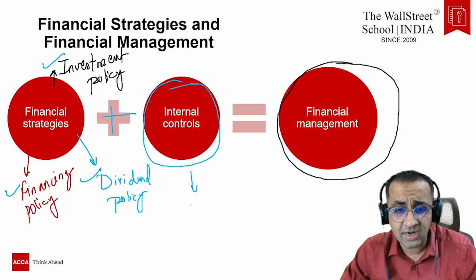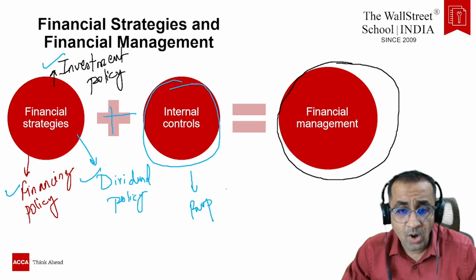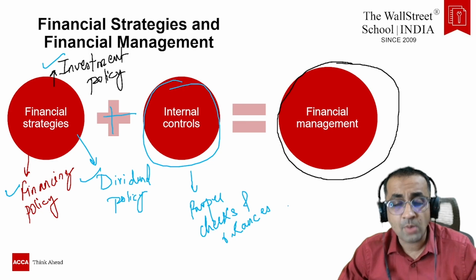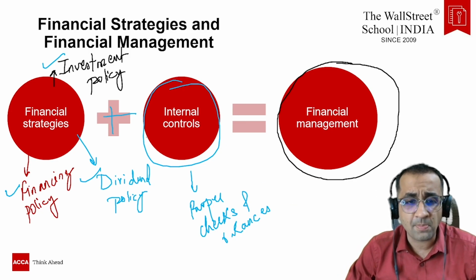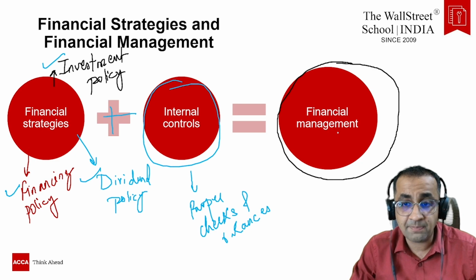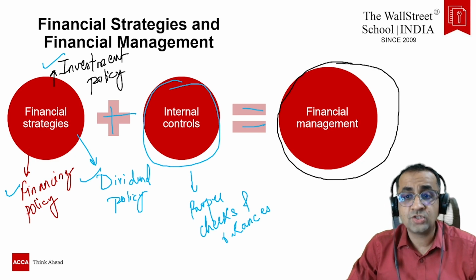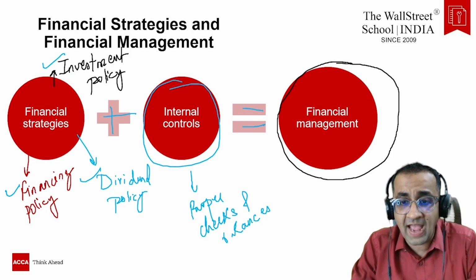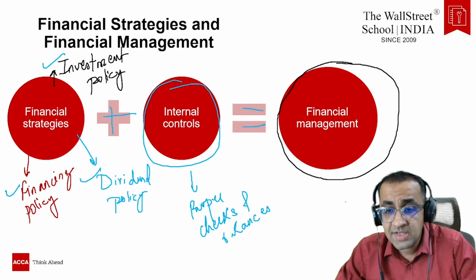What do you mean by internal controls? That there are proper checks and balances, to ensure that there are proper internal controls. We follow these strategies along with proper checks and balances to achieve financial management. That is the objective, guys, that we are trying to achieve, and that is the key role of an AFM.